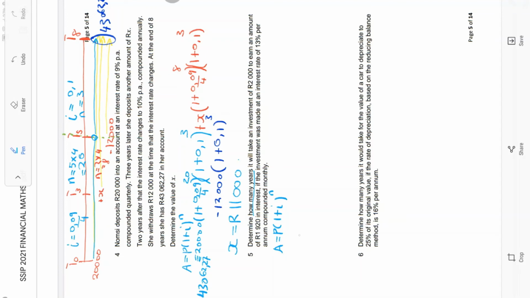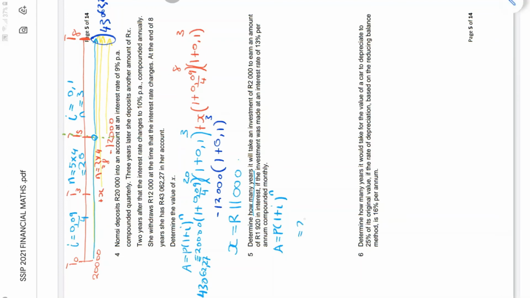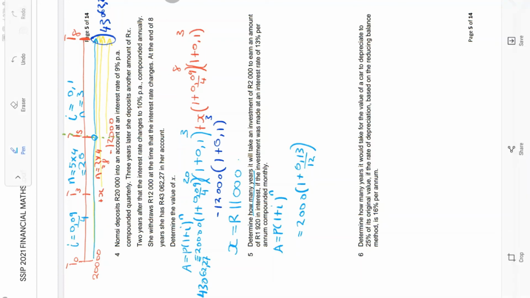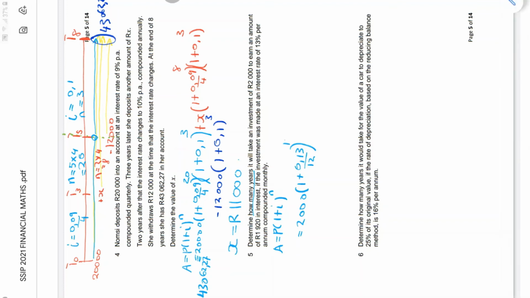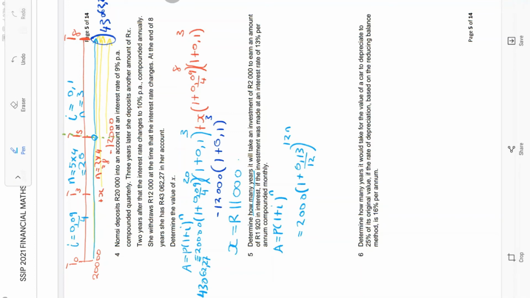Our investment was 2,000. 1 plus. The interest rate was 13% compounded monthly, so you divide by 12. Then we need our n, so 12 times n. But now what is the value of a?